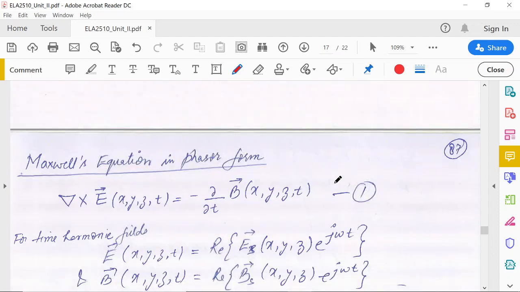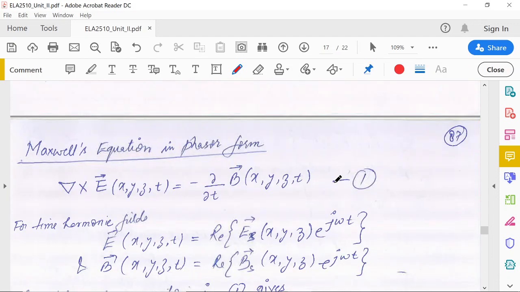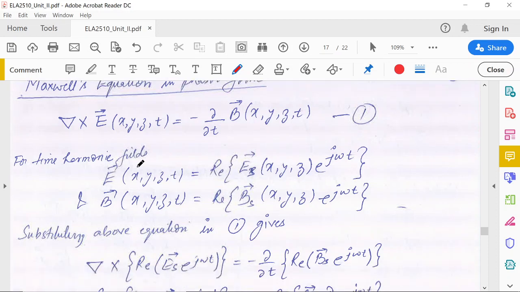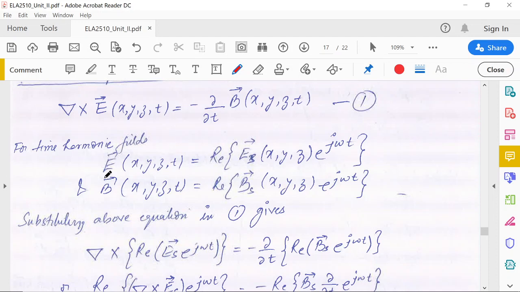Now next is how to find Maxwell's equations in phasor form. We can directly find the phasor form. Let the first equation be del cross E equals minus del B over del t. We can write it in phasor form.